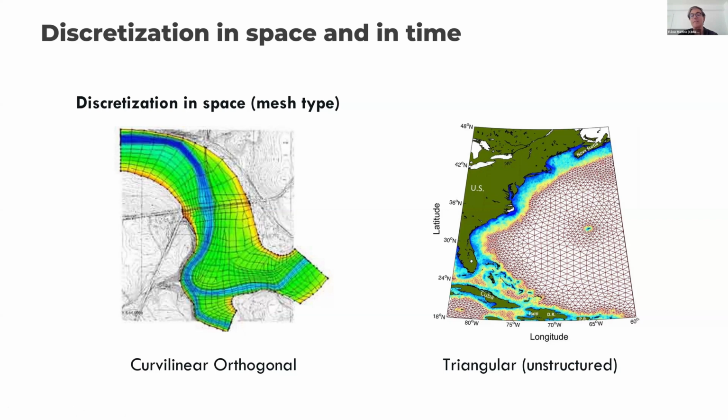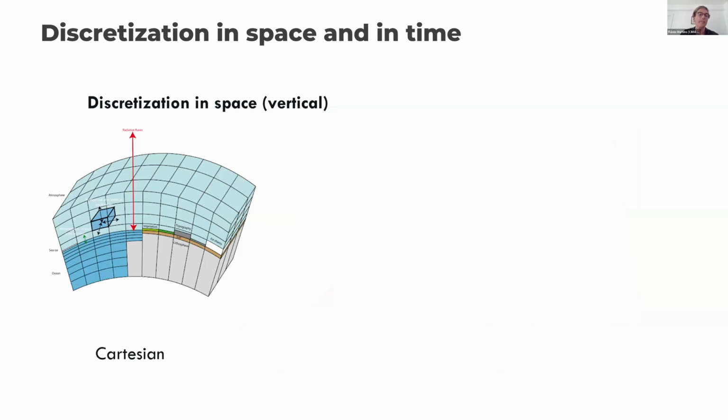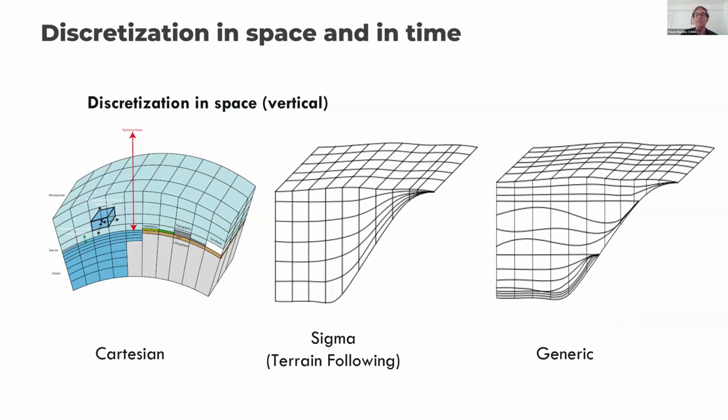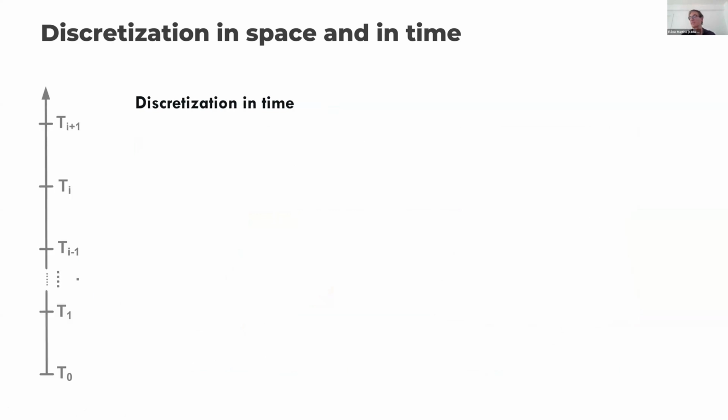Some models also use this, but most of them use curvilinear grids. And also in the vertical, you can discretize using different methods. Okay, so this is the space discretization. But we also need to discretize in time, okay?